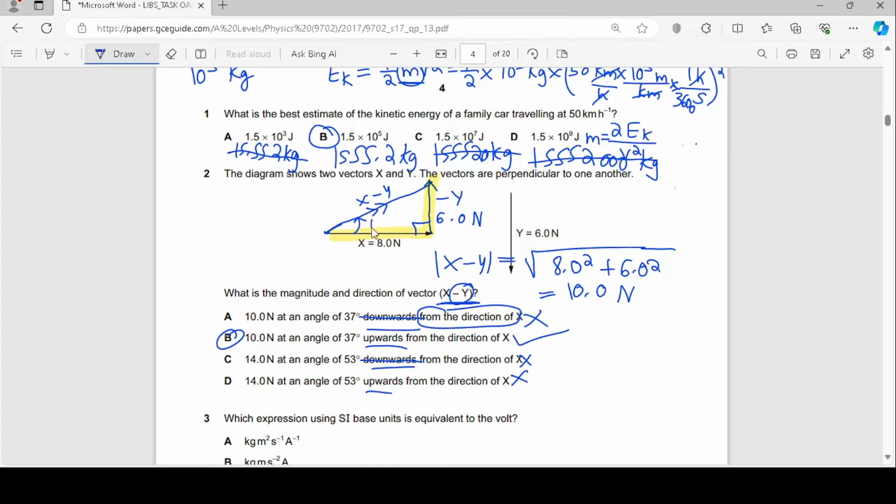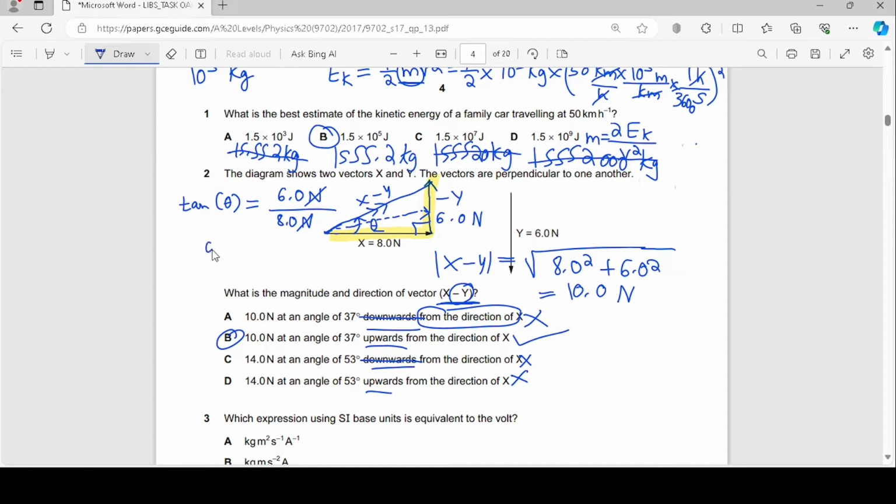So this is the angle I want. I'm going to call it angle theta, and then according to sine, cosine, those things, we can see that this is going to be opposite over adjacent if I use the vectors x and minus y. So opposite over adjacent means tan. So tan theta is equal to opposite, which is going to be 6.0 newtons, because that's the value of the minus y vector, divided by the x vector, which is adjacent, so 8.0 newtons, right?